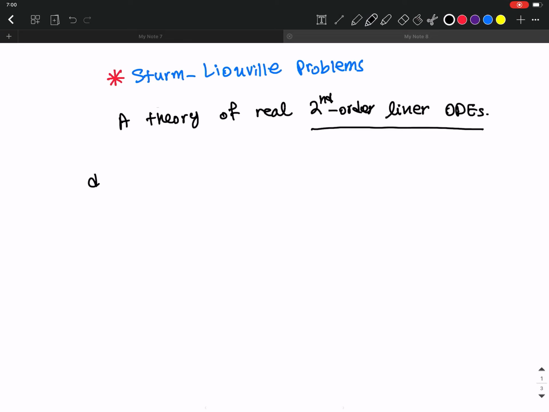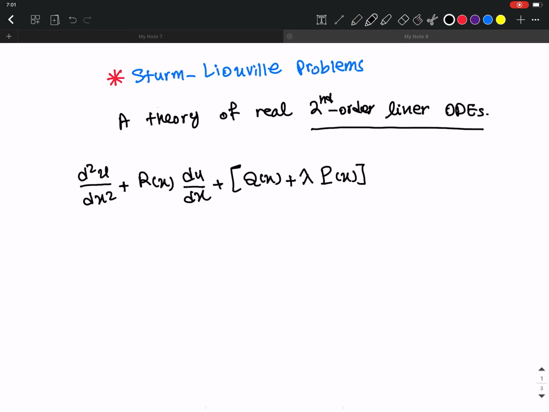Okay, so I'm gonna write a general form of a second order linear ODE. I'm gonna write it as this: d squared u over dx squared plus capital R(x) times du over dx. So R(x) can be a general function of x times the first derivative of u with respect to x, plus Q(x), capital Q(x), plus lambda times P(x) times u(x) equals 0.